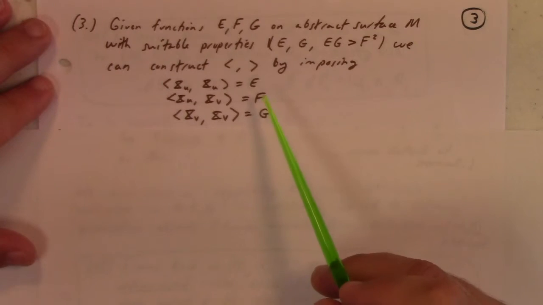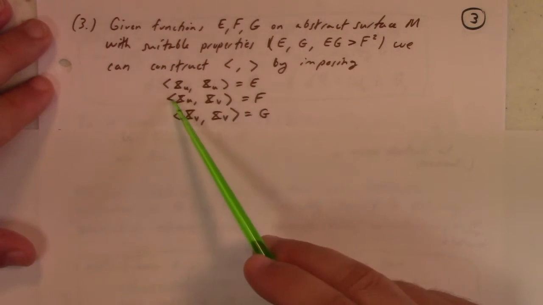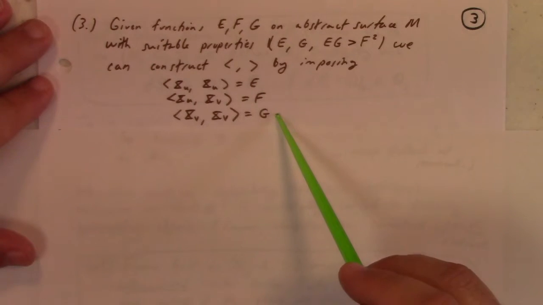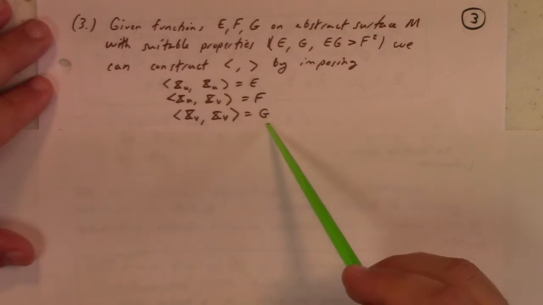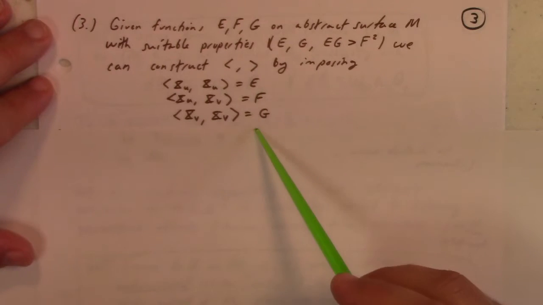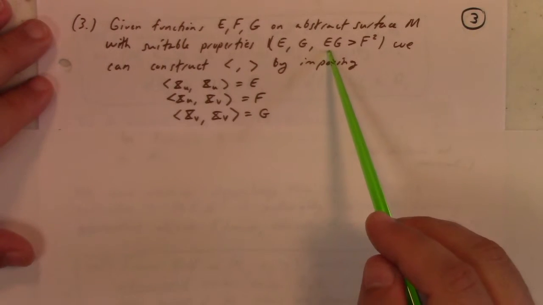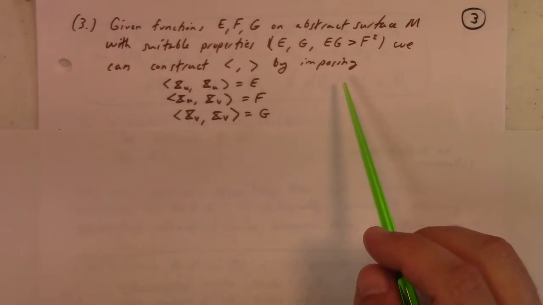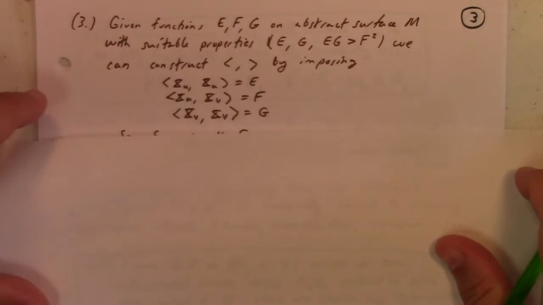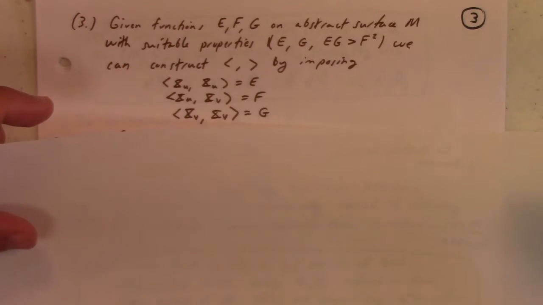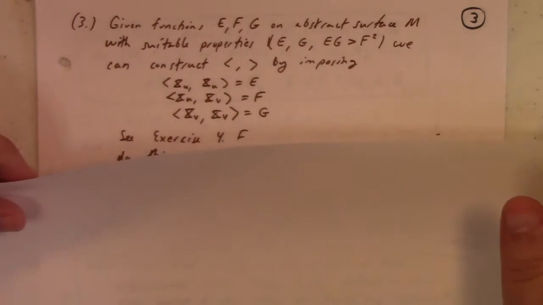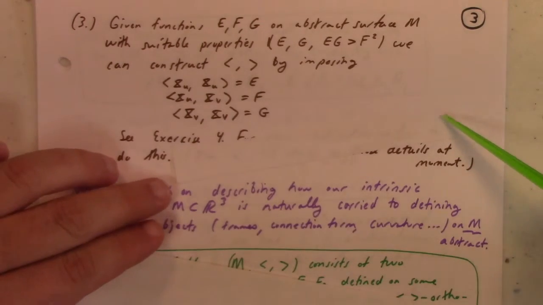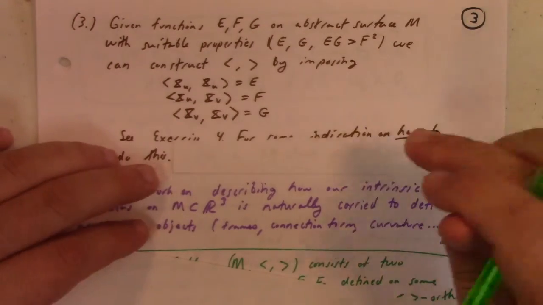But you can just define the metric of Xu, Xu, Xu, Xv, Xv, Xv to be E, F, and G respectively, where these are particular given functions. And if you do that, and if these functions have the right kind of properties, like, for example, EG greater than F squared, then, voila, that gives you a metric. So we can actually build metrics with this prescribed E, F, and G by just working this backwards.